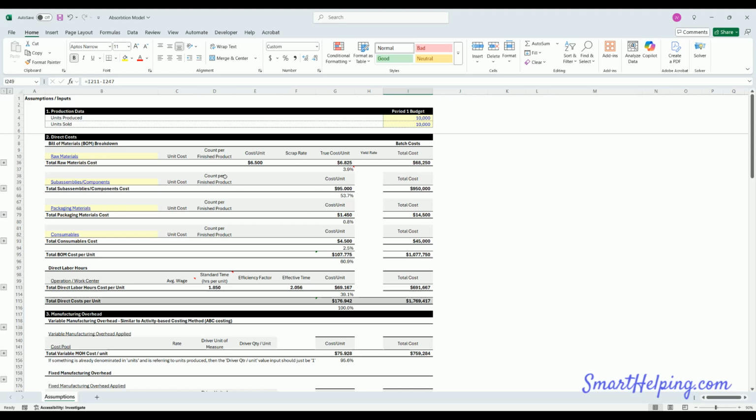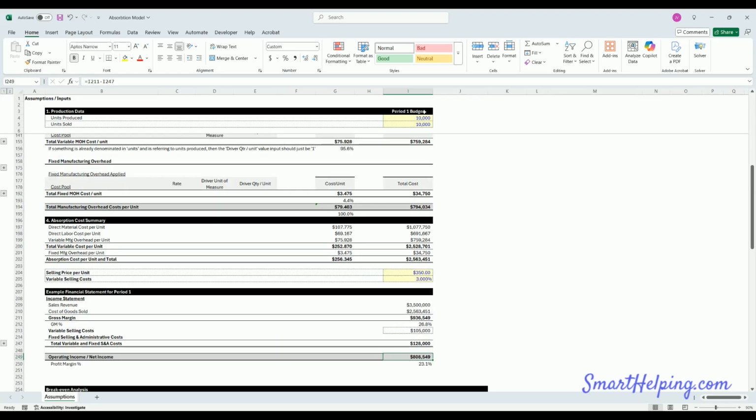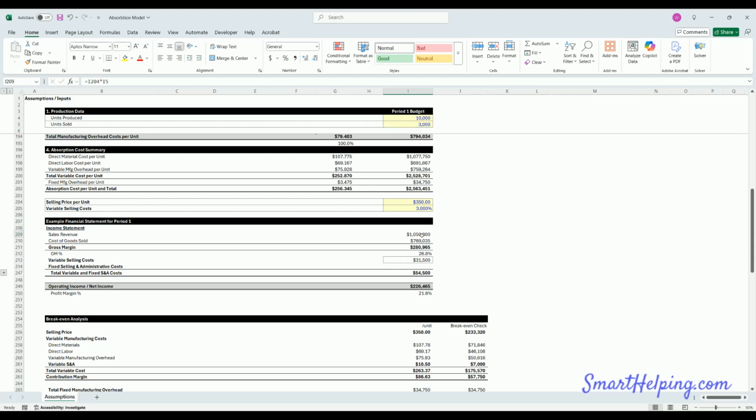You can figure out all your different costs, figure out your sales or unit volumes, and know what the potential is, and you can adjust all these different things to see how it affects the bottom line. Let's put this back to 3,000 units, and you've got your example income statement.